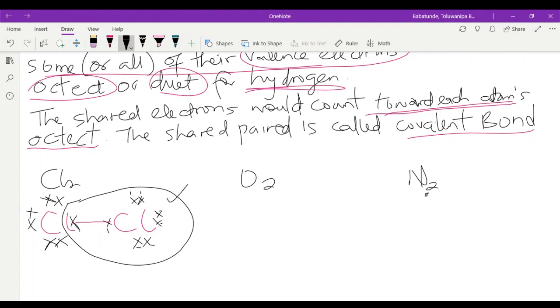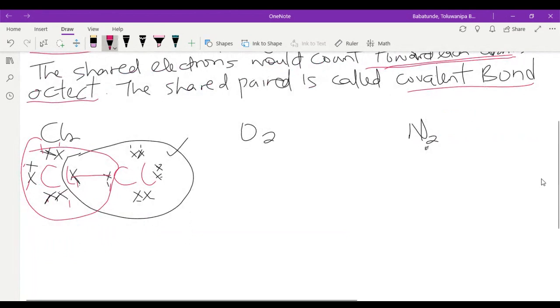This chlorine atom is an octet. Then the second atom of chlorine is going to take this also. So it has 1, 2, 3, 4, 5, 6, 7, 8. So this is what we have in the chlorine molecule.